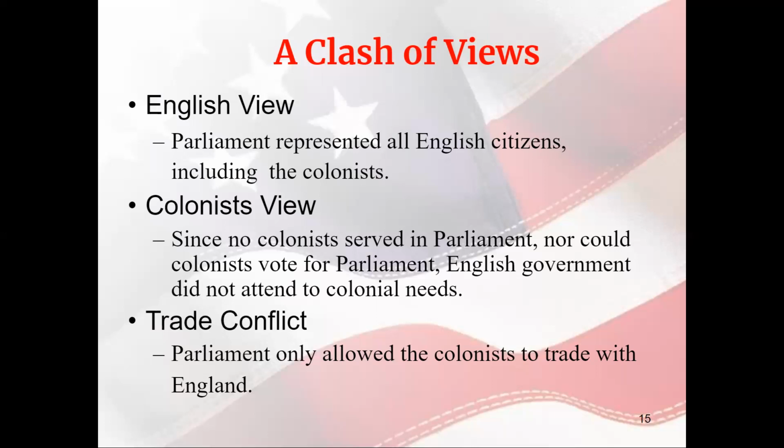No, right? They aren't allowed to expand out, to find different trading partners, expand their trade, expand their production, because they're only allowed to trade with England. So that's another source of tension, source of conflict, that the colonists are feeling towards England.